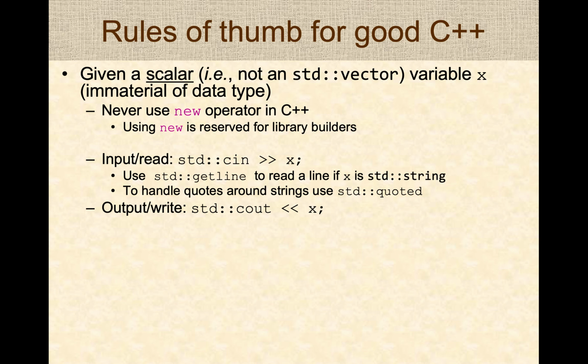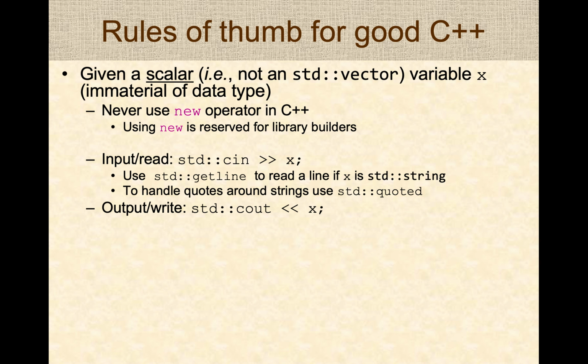Alright, now let's review again the general rules of thumb for good C++. As a general rule, you will never use the new operator in C++. New is reserved for library builders, and as a rule of thumb in modern C++, if you use the new operator, you know you're doing something wrong. Always prefer to use the stream extraction operator, greater than, to read inputs.